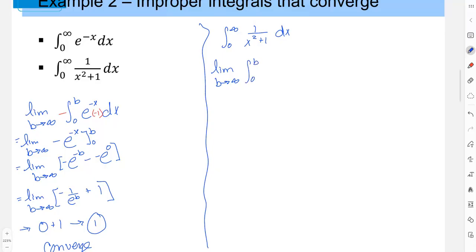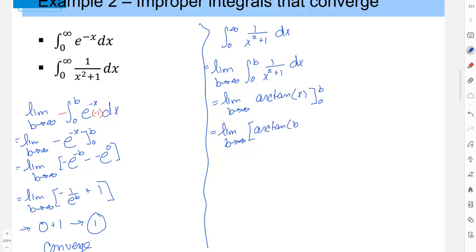So we're going to have the integral from 0 to b of 1 over x squared plus 1 dx. We know that guy is actually arctan. We need to evaluate from 0 to b. I'm going to plug in my limits.